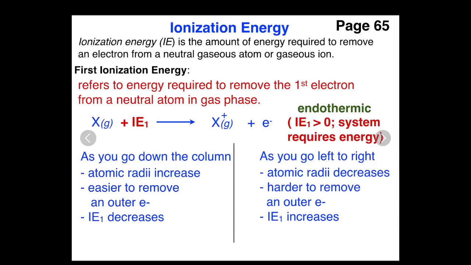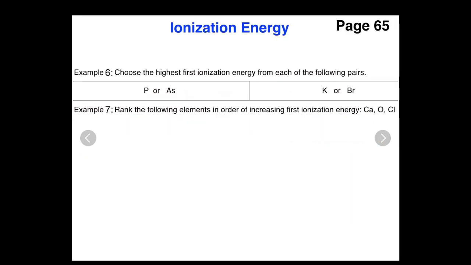Okay, so with that being said, let's look at an example here: a comparison between phosphorus and arsenic, right? We are going to look at the highest first ionization energy. Therefore, you need to know first that the highest ionization energy is associated with the hardest to remove electron.